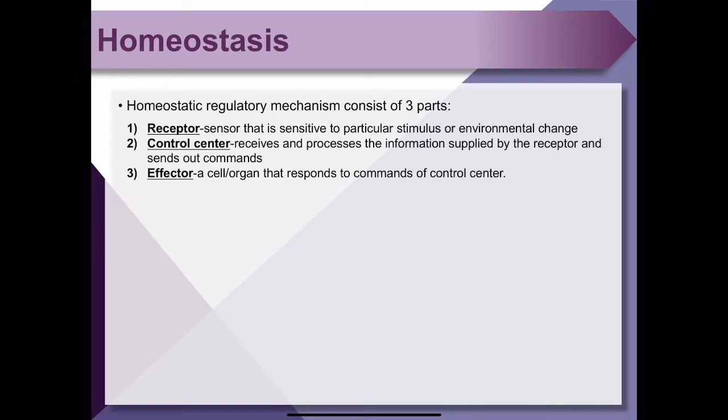So a receptor is a sensor. A lot of students get confused between receptor and effector tissue. A receptor is what receives the signal, some kind of sensing structure that is sensitive to a particular stimulus or environmental change.